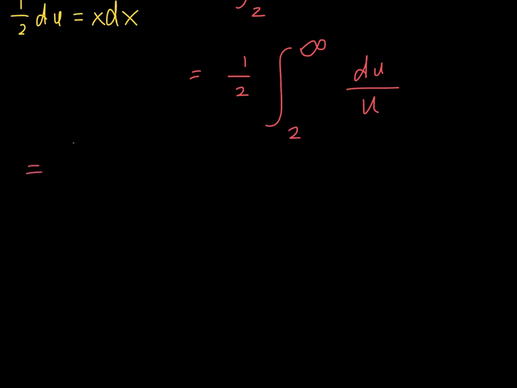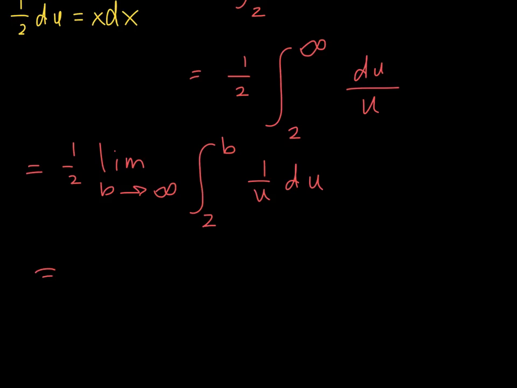Anyway, so this is equal to 1/2 times the limit as b goes to infinity of the integral from 2 to b of 1 over u du. Then this is equal to 1/2 times the limit as b goes to infinity of the natural log of the absolute value of u evaluated from 2 to b.